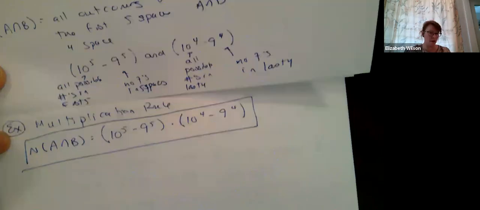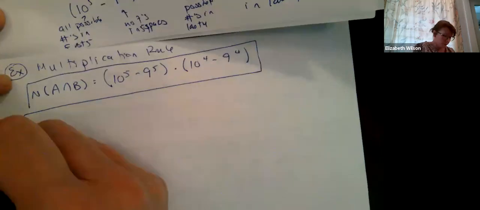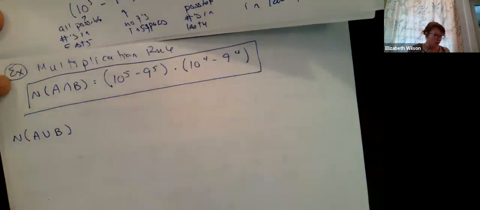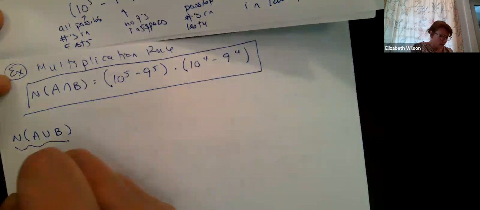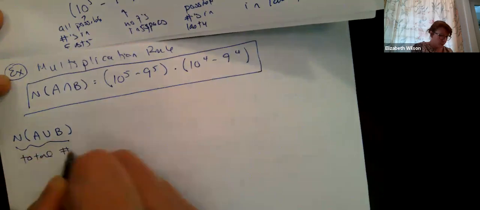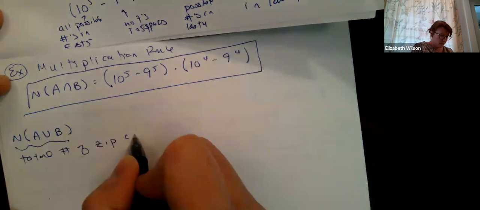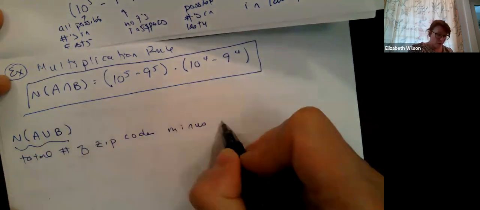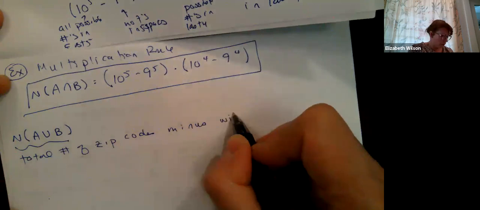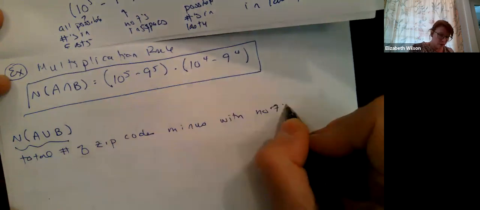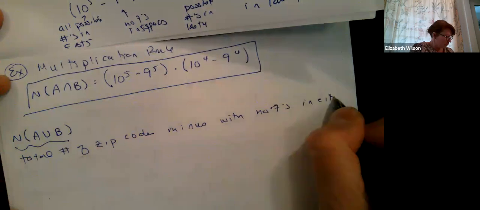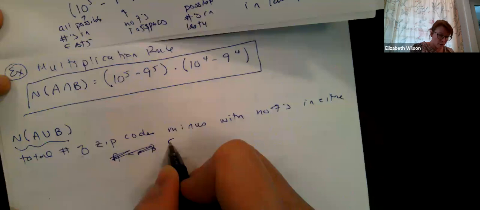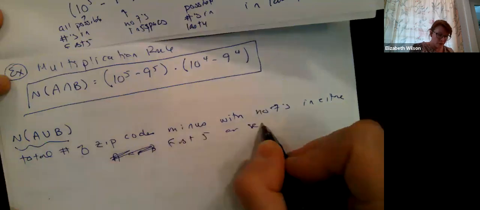Now, we want to find our union. A union B. Okay, so what does the union mean? This means, right, we're going to take a look at the total number of zip codes minus the ones with no 7s, in either A or B. Sorry, let's do this first 5 or second 4.